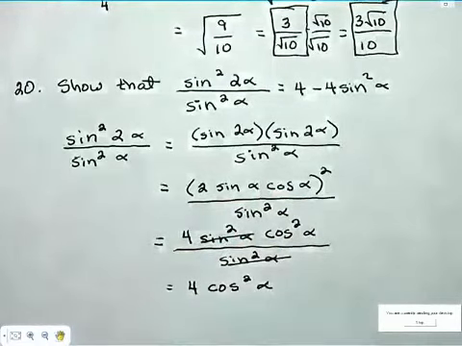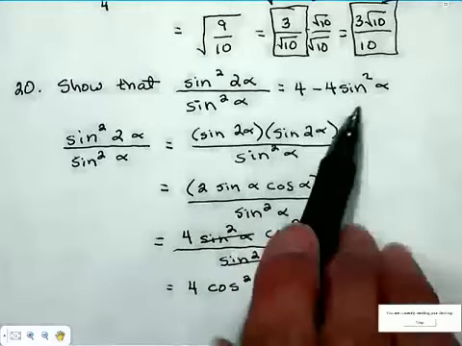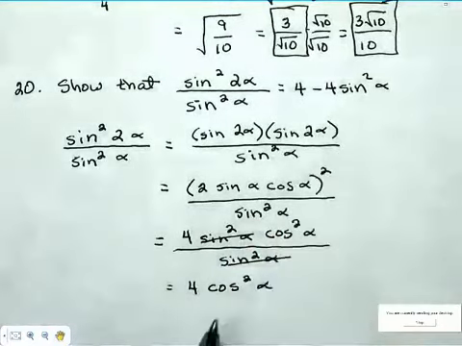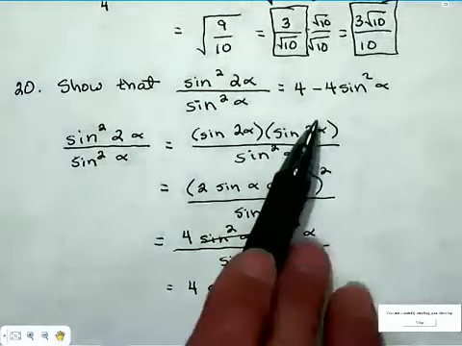Let me see if I have a typo right there. No. If you look at what you want to end up with has sine in it, and what you have has cosine in it, then you can rewrite cosine square in terms of sine square.